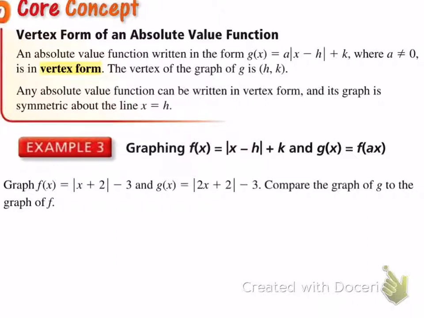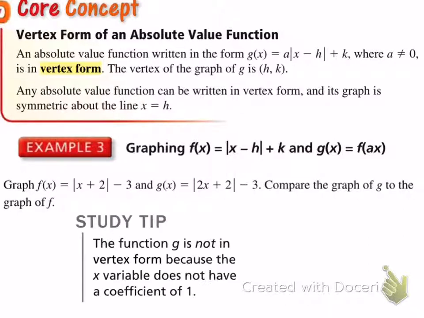Because the 2, which is right next to the x, is not the a, okay? The 2, which is right next to the x, is different. Remember, vertex form only works where your coefficient of x is a 1. Okay? So, the g function is not in vertex form.